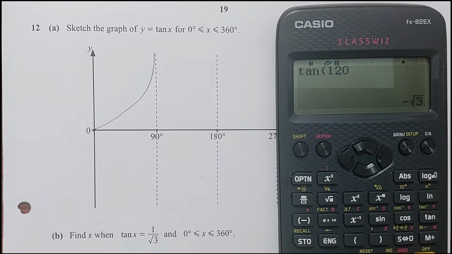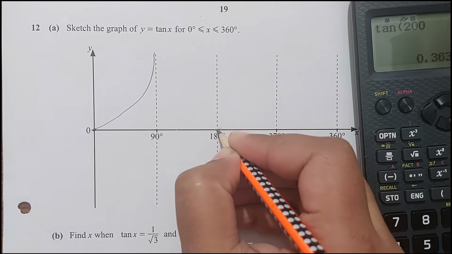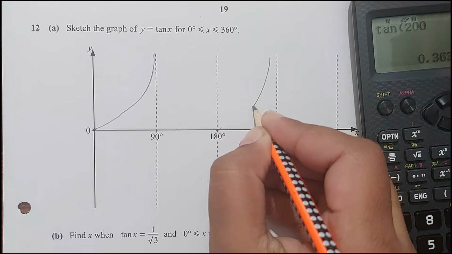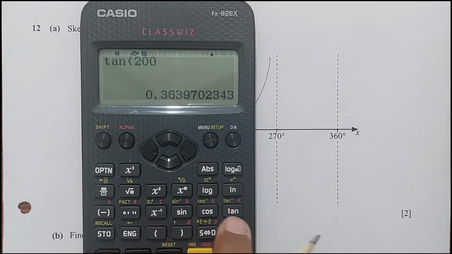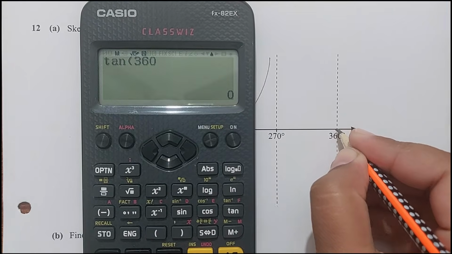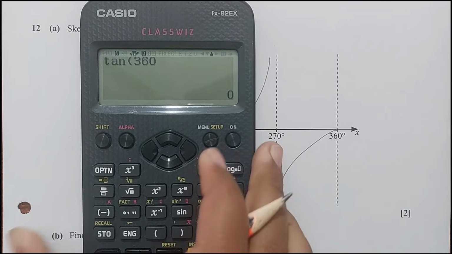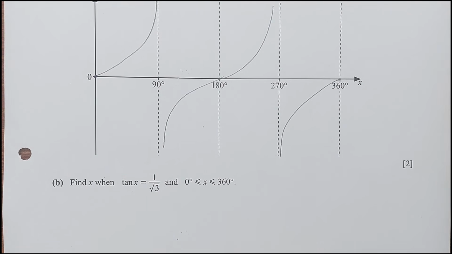Between 180 and 270, tangent of 200 is positive, so this would be the sketch. Then tangent of 270 is also undefined. Between 270 and 360, we can take 300. Tangent of 300 is negative, and tangent of 360 is 0. This is the sketch.